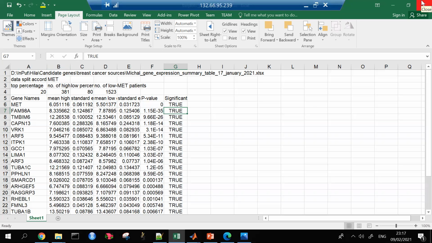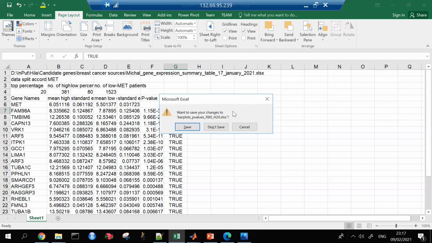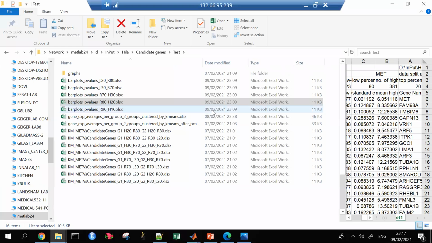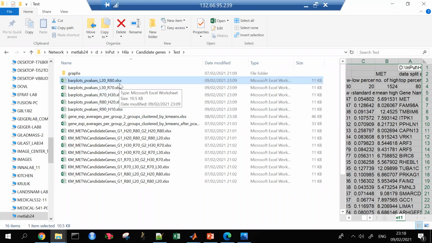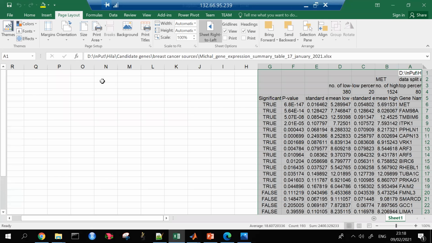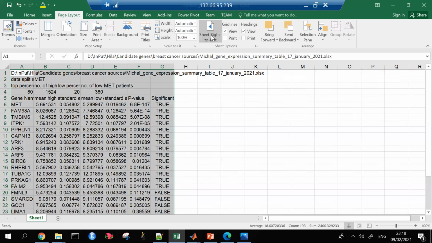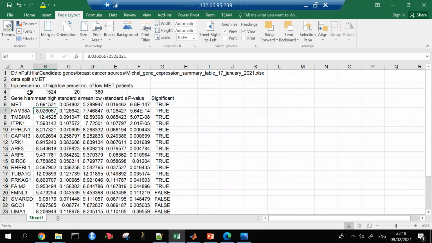Okay, so let's look at what happens when we take 20% of the patients with low MET. In this case, also FAM98A was substantially significant.